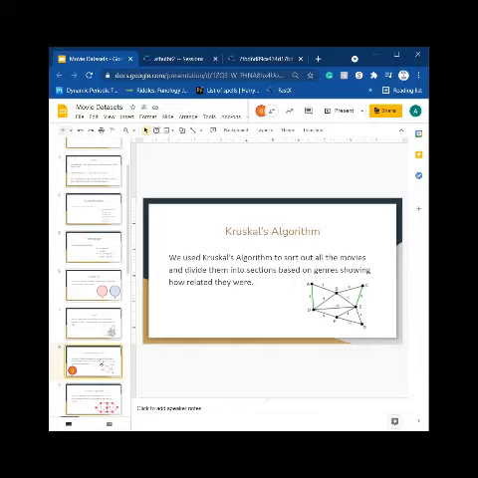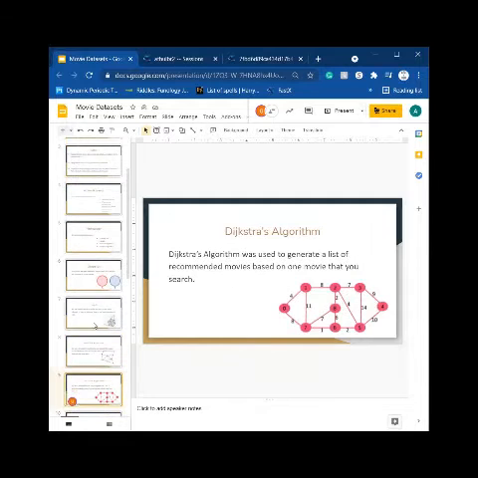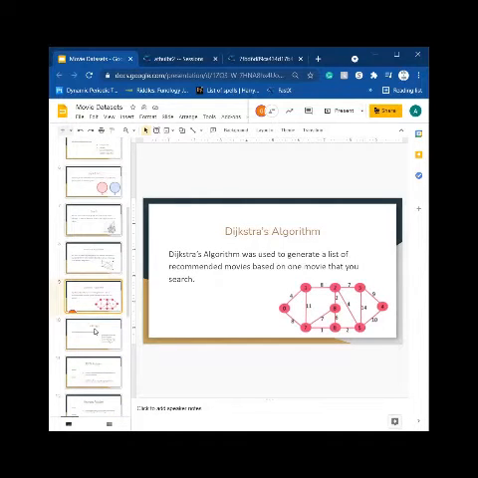And what we used Dijkstra's algorithm for was that we would start at one node, or one movie, that a user would put in, and we would find the max distance to another node that was possible. Then we would go through each node in that path and find the minimum weighted distance.